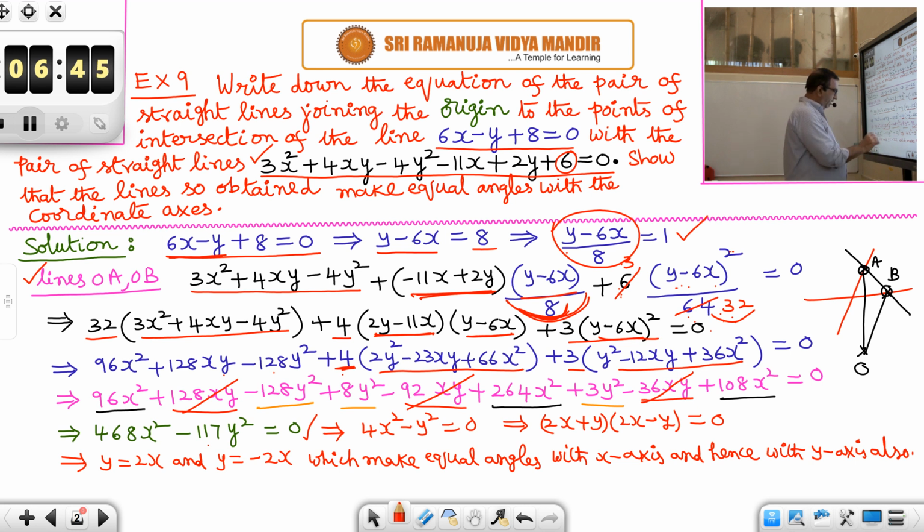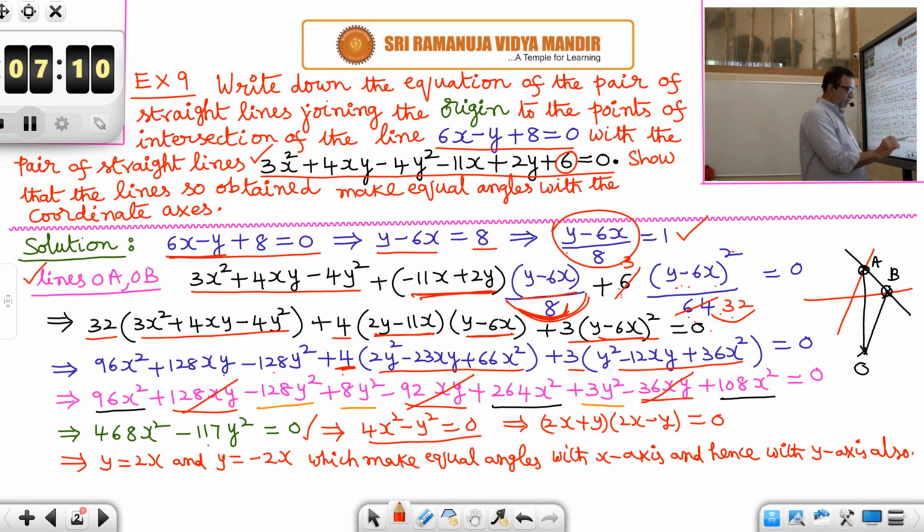Dividing by 117, you get 4x square minus y square is equal to 0. So these are the lines joining the origin to the points of intersection A and B, the lines OA, OB. We have to show that these lines make equal angles with the coordinate axis.